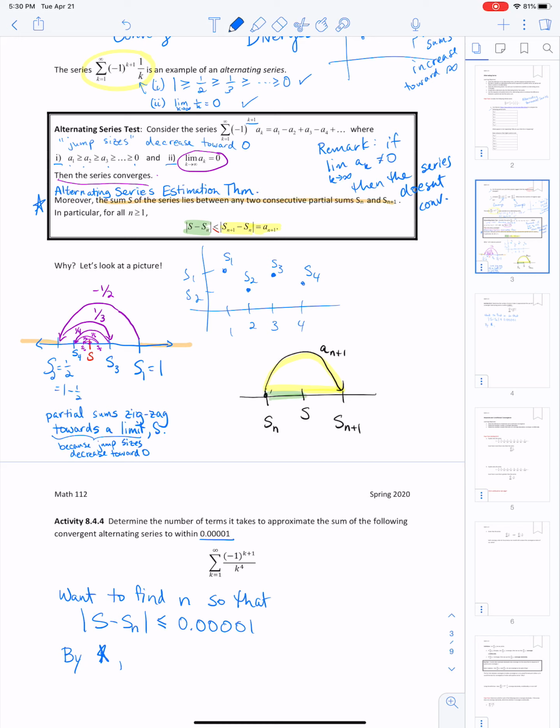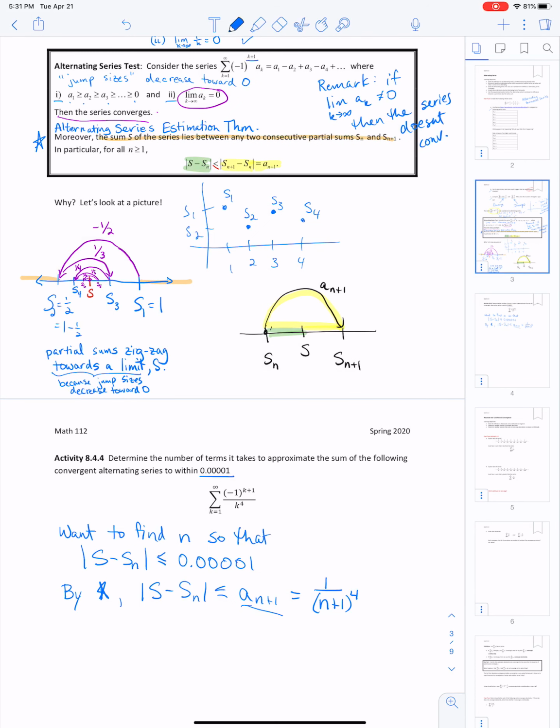Okay, so by star, what we know is that S minus Sn is always less than or equal to A(n+1). So what is A(n+1)? Well, it's 1 over, and instead of a k here, I'm going to put (n+1) to the fourth. Notice I'm not putting the minus 1 in here at all because the A is just the positive part of the series.